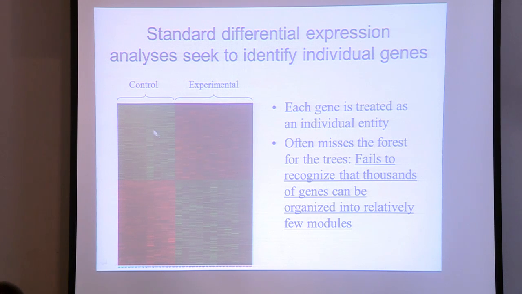And now, if you produce a p-value or a fold change for every single gene, then you will get tens of thousands of significant results. But you really fail to see the forest for the trees, which is there are really only two patterns, either genes that are up-regulated in the experimental condition and those that are down-regulated.